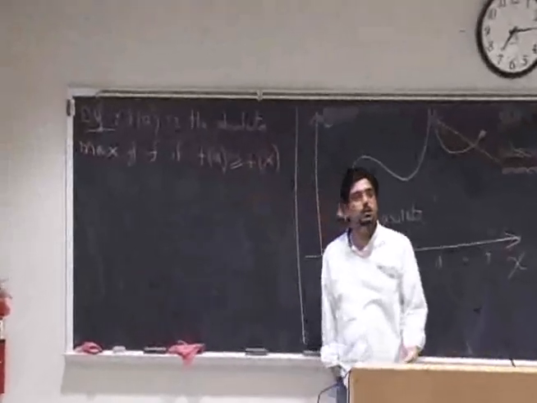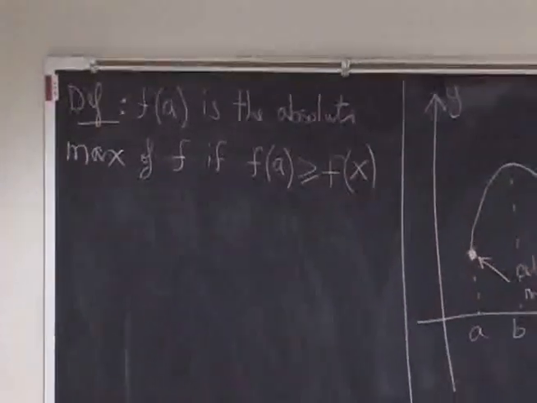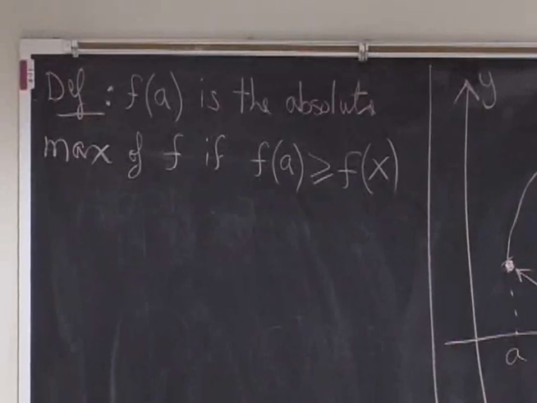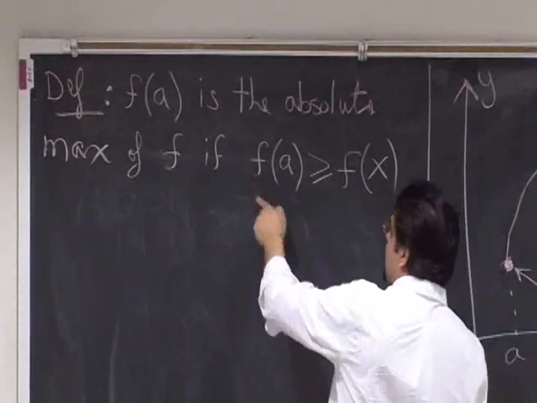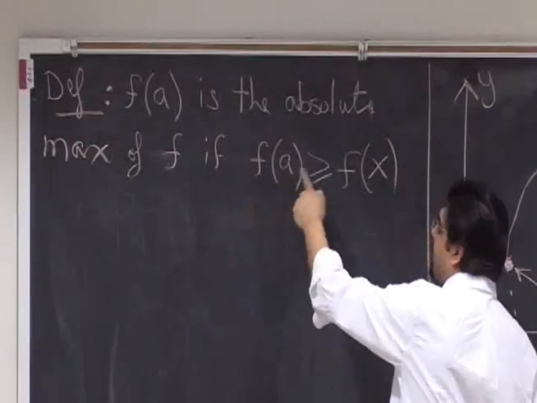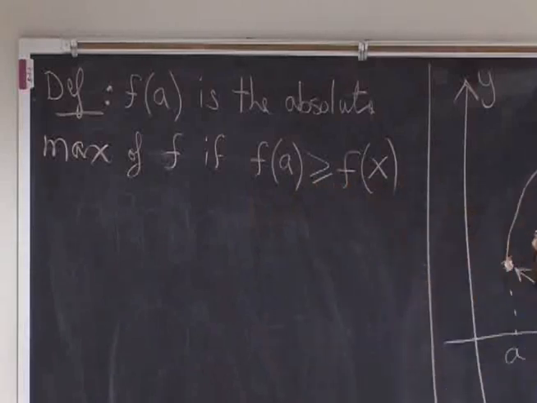Does that make sense? So f of a is an absolute maximum if the value of the function at a is larger than the function value at any other point, okay, within its domain, of course.